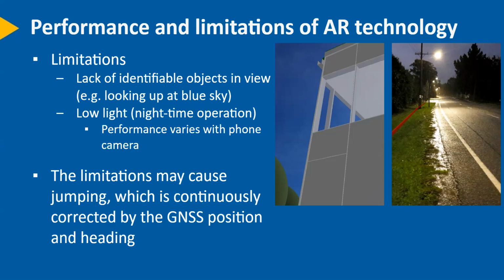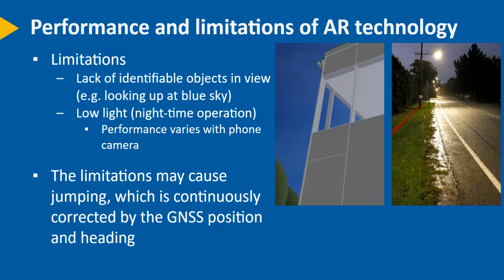Low light, meaning augmented reality is not great at night, but the performance does vary with the device available, or the camera available in the device. These kinds of limitations, a lack of identifiable objects or low light, can cause the view of the overlaid data to jump around.